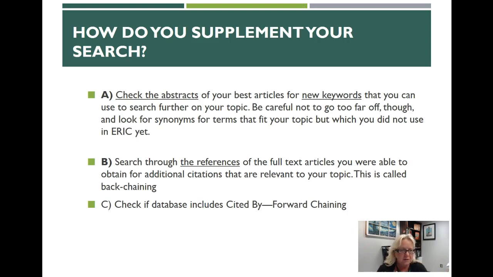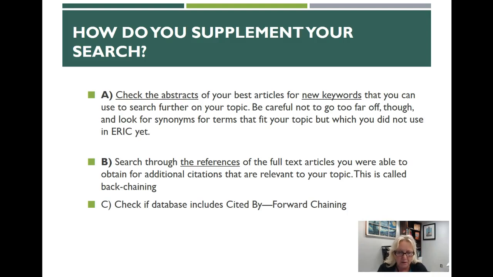If you're doing, I don't know, maker spaces, they may also be called maker labs or fab labs, or making, all those might be places with other keywords and synonyms that you can use. Search the references of your full text articles and see if there are additional citations.